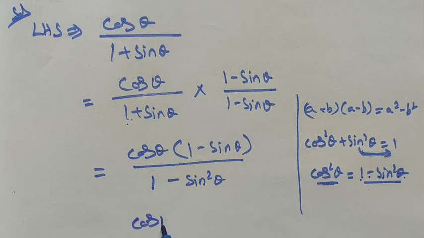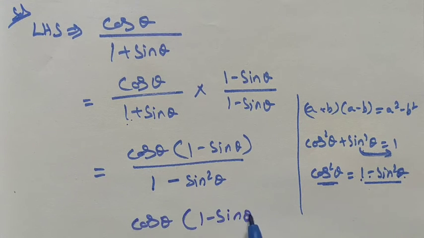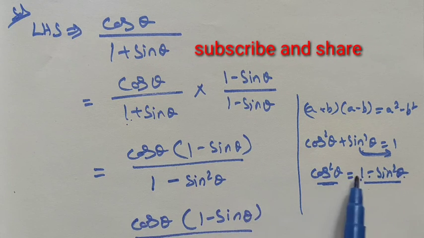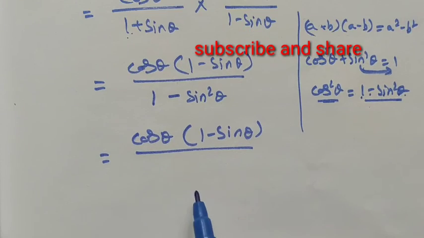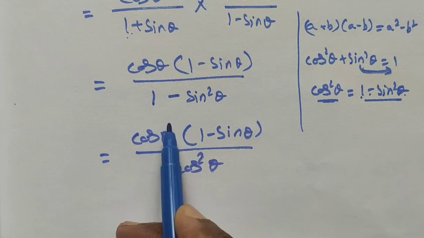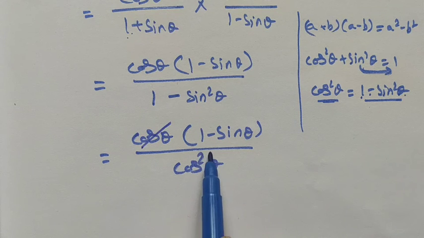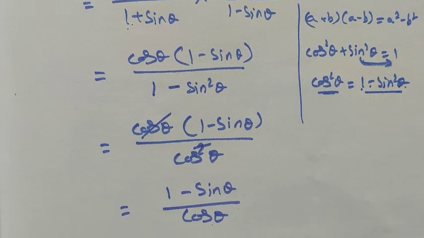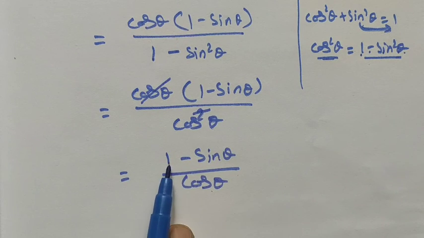So cos theta (1 minus sin theta) divided by, in the place of 1 minus sin square theta, I am going to replace cos square theta. Here in the numerator we have one cos theta, so one cos theta is cancelled. So (1 minus sin theta) divided by cos theta. The denominator is common to both terms in the numerator.